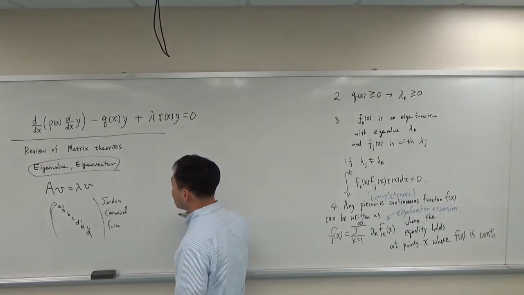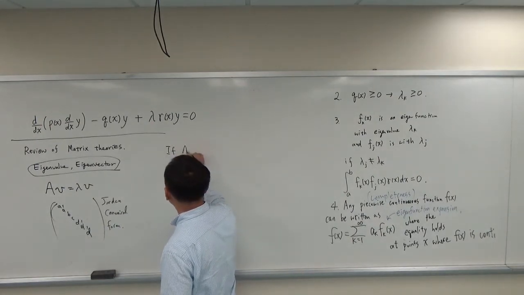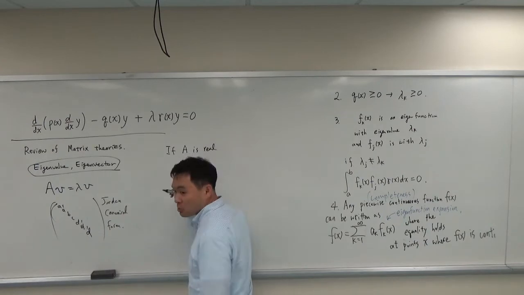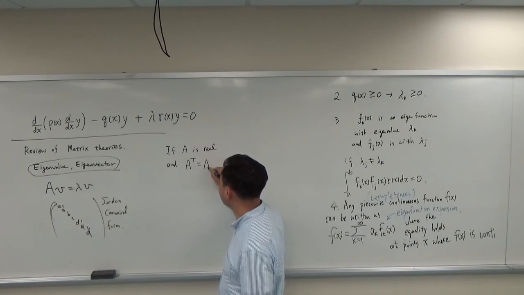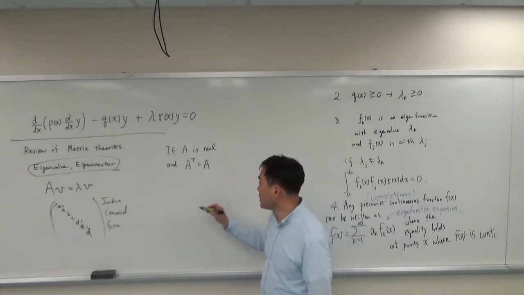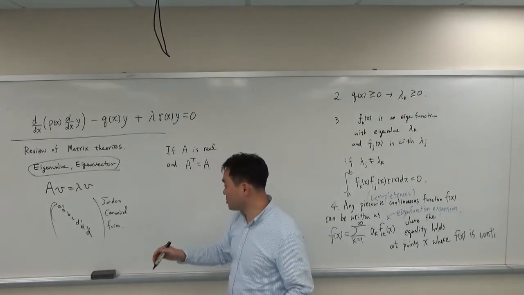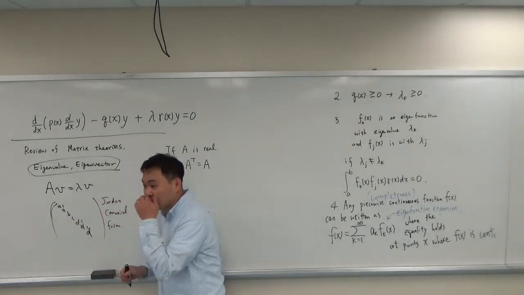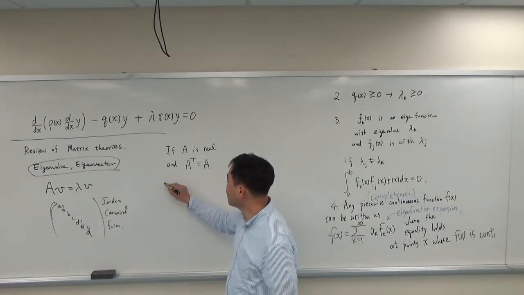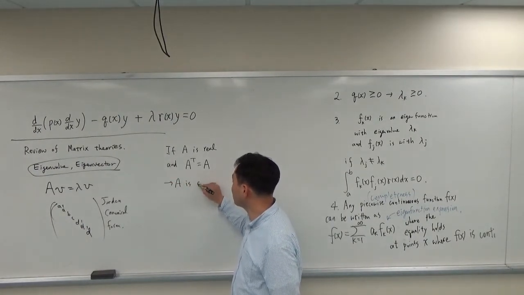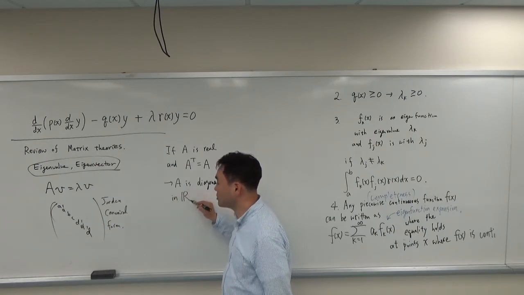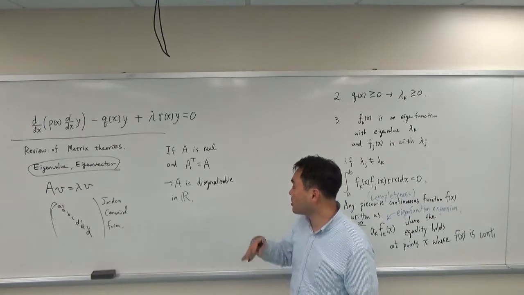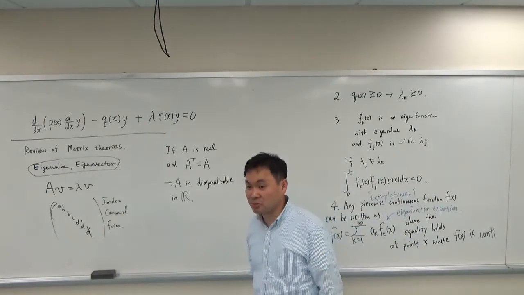It's like this: if A is a real n by n matrix, and A transpose equals A, meaning you flip along the diagonal and it's the same thing as itself, then A is diagonalizable in R.